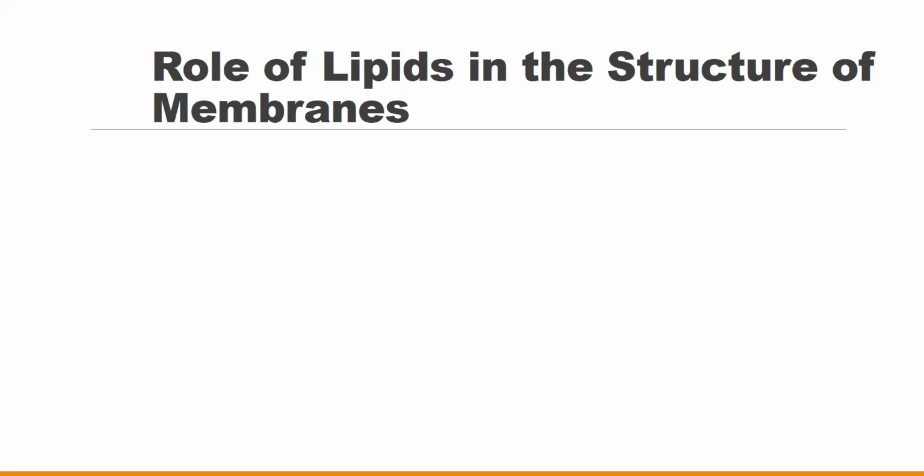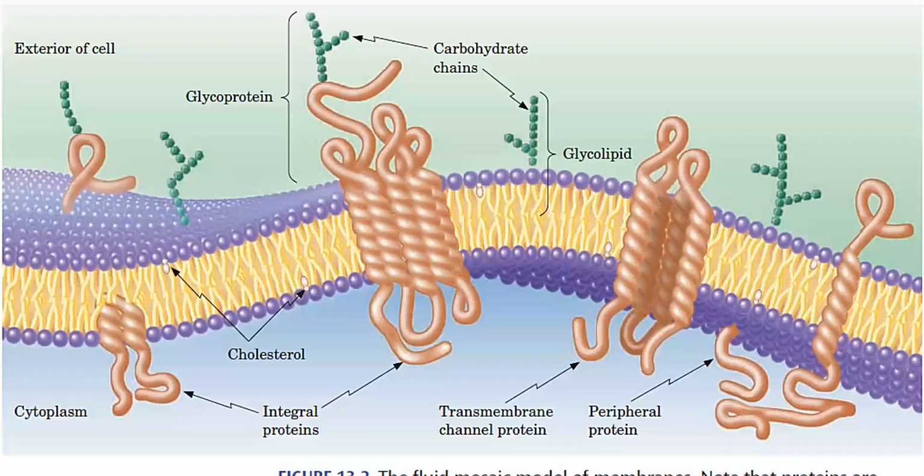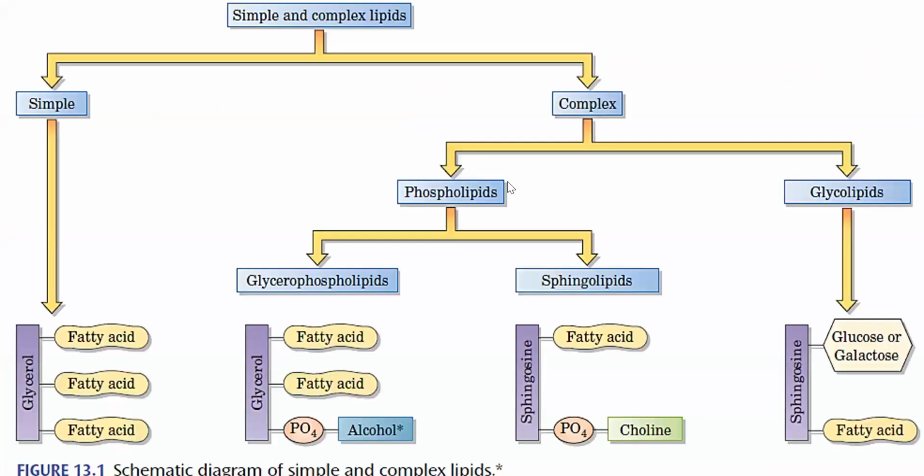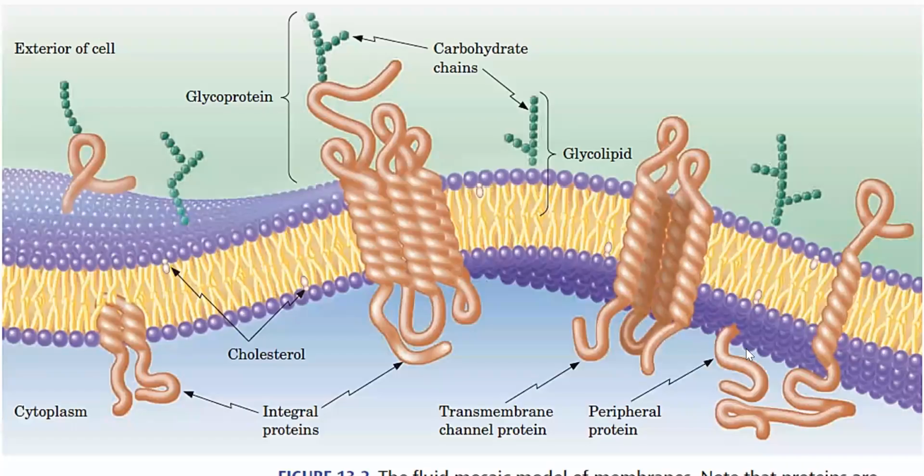Okay, so there is this role of lipids in the structure of membranes, and you can see here that you have your glycoproteins, no? It's actually a carbohydrate with a protein part. You have your glycolipid in this part, with this sphingosine. I don't know why they included it first here.